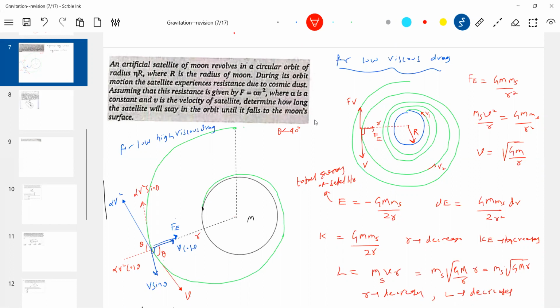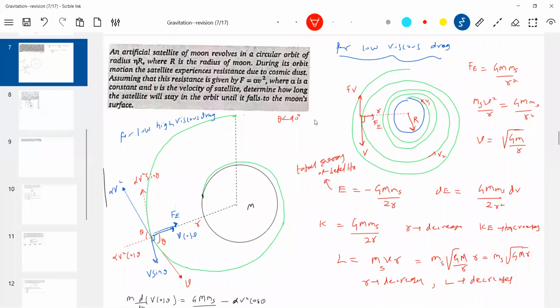Our question is only to calculate that time. Tell me, from where should I bring the time parameter into the picture? The viscous drag does work. So shall we go for the decrease in potential energy?